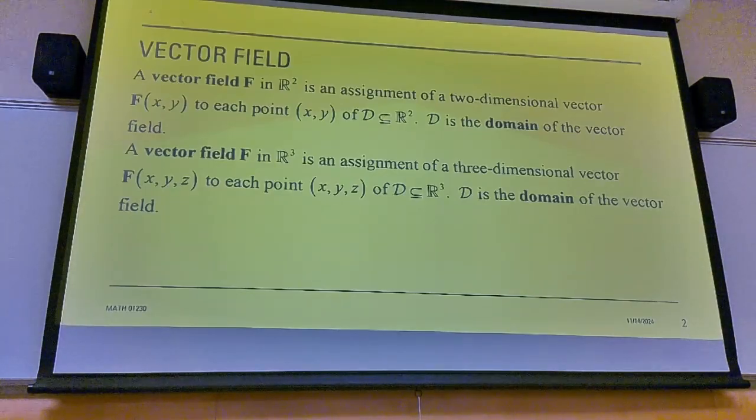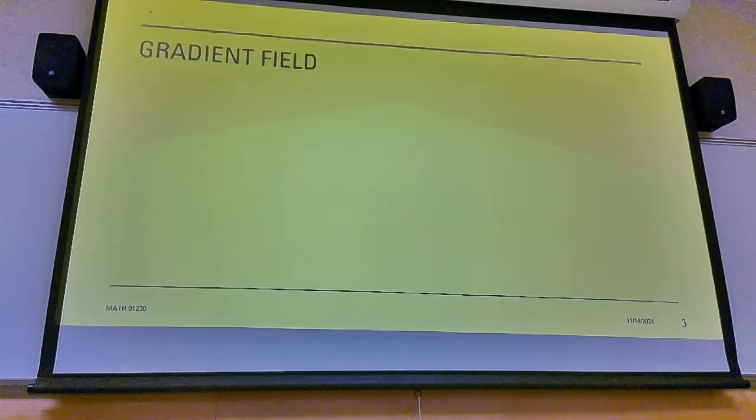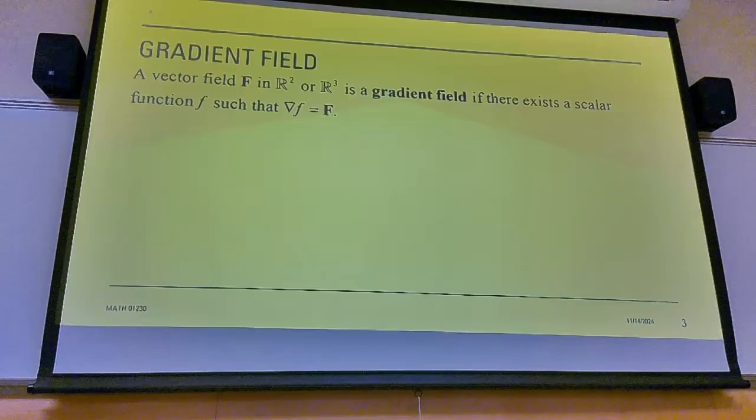What was an operation we studied in partial derivatives? Directional derivatives? How did we find a directional derivative? Gradient. The gradient's a vector field called the gradient field. However, that is not the term you're probably familiar with.